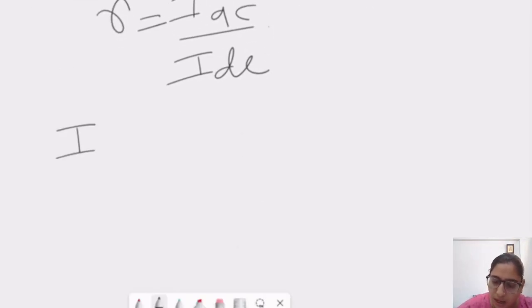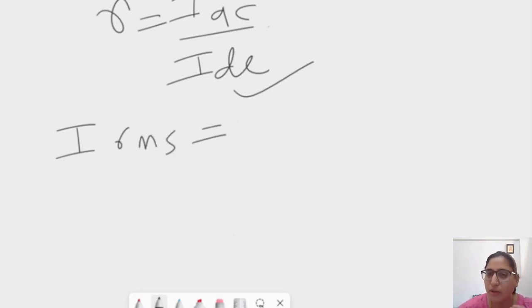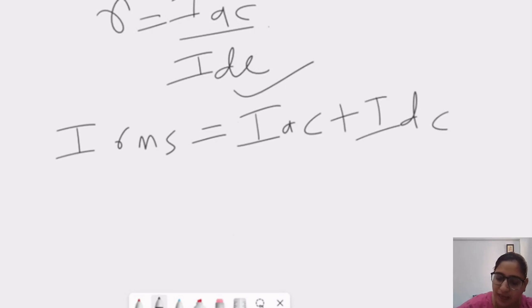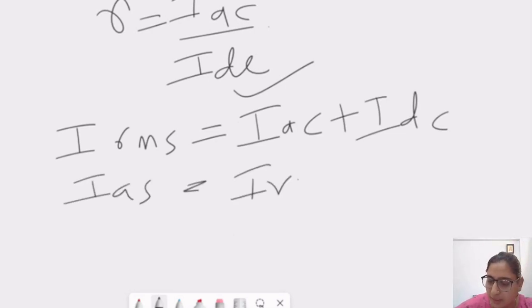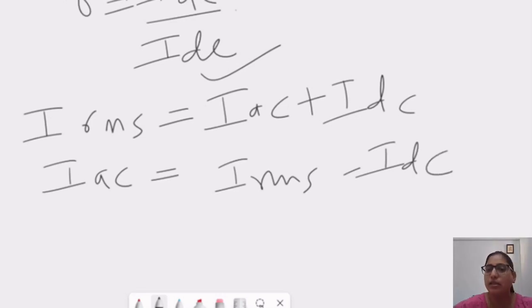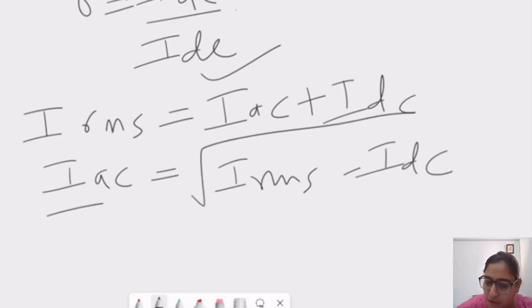Now IDC is our DC output current, we know that, and IRMS, the root mean square or total output current, is made up of IAC plus IDC. So if I have to calculate IAC from here, IAC is nothing but IRMS minus IDC. We know that IRMS is the root mean square value, so to find the final IAC we have to put an under root and a square.